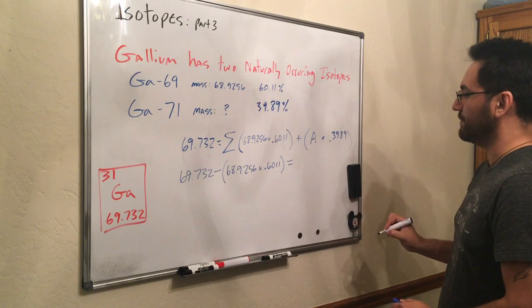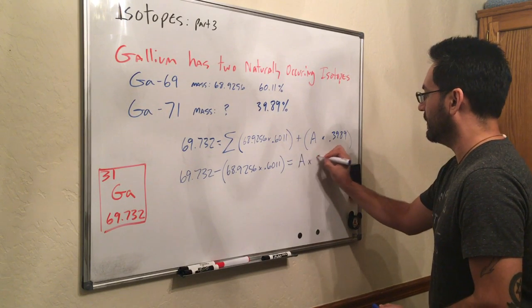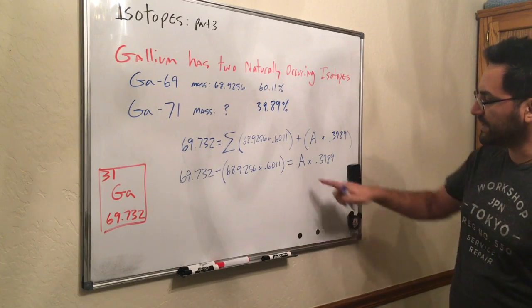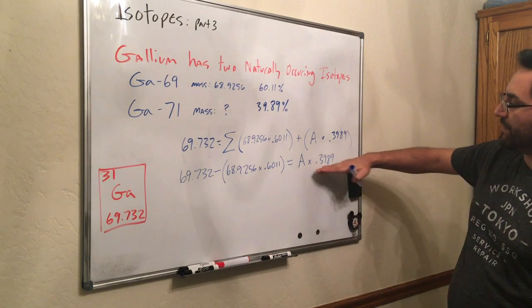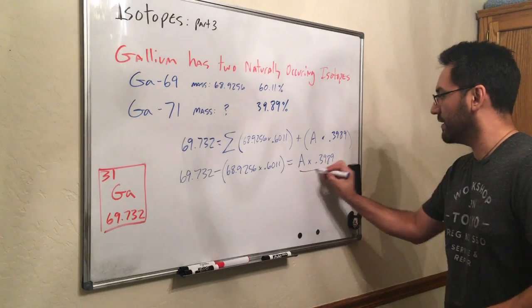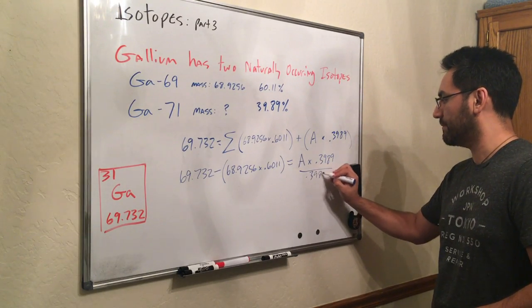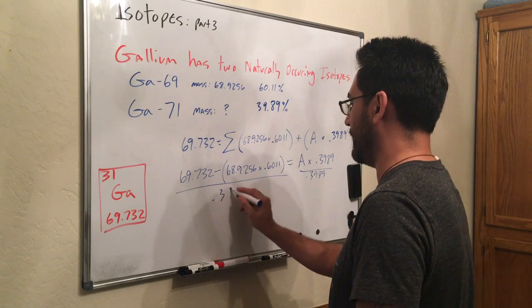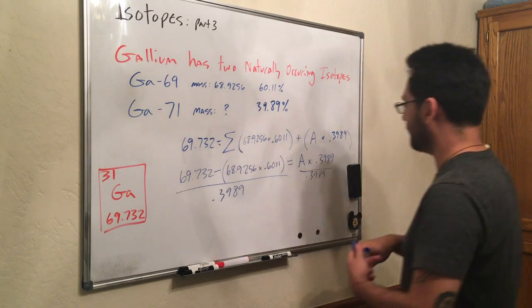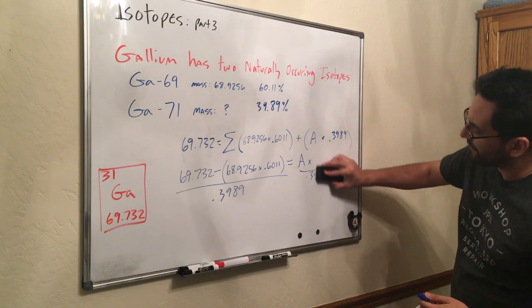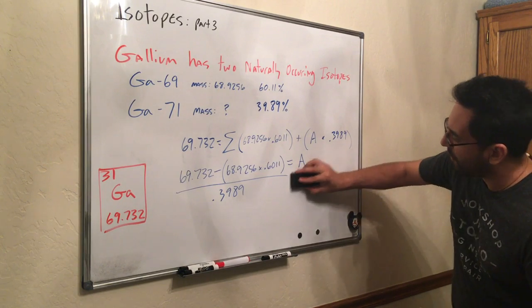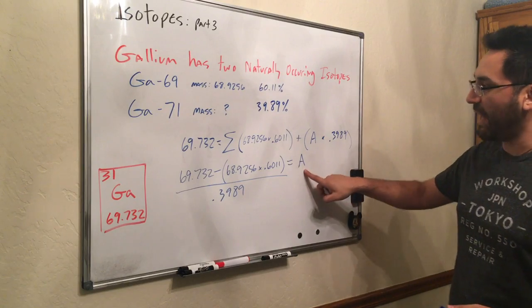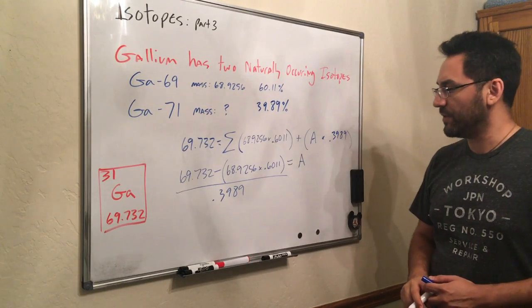That's all equal to A times 0.3989. We still want A by itself, so we divide this whole side by 0.3989 and divide the other side by 0.3989. And that'll get rid of it over here, so that all we have is A, our unknown. This is the mass of gallium-71.